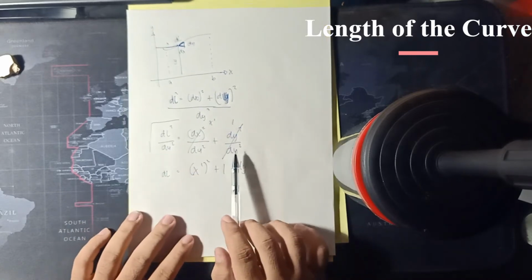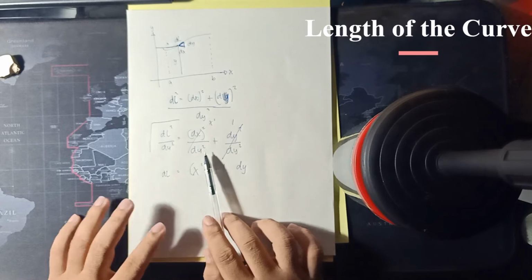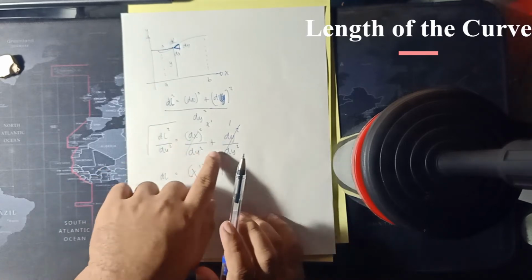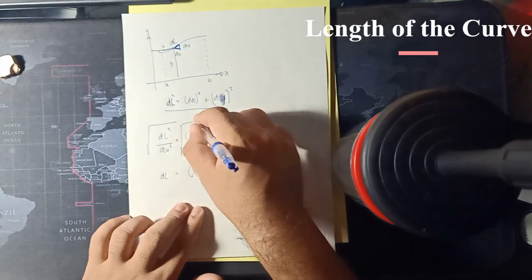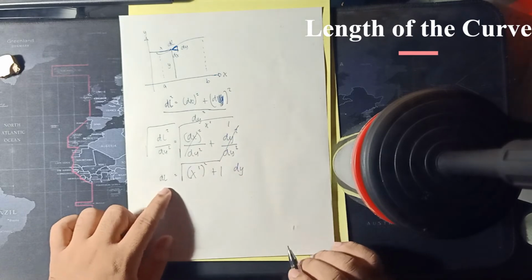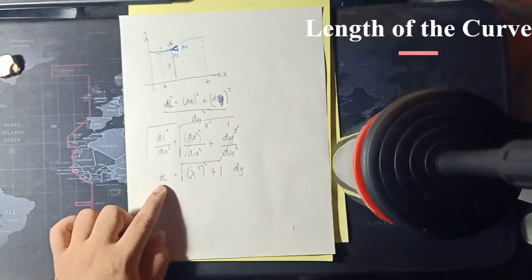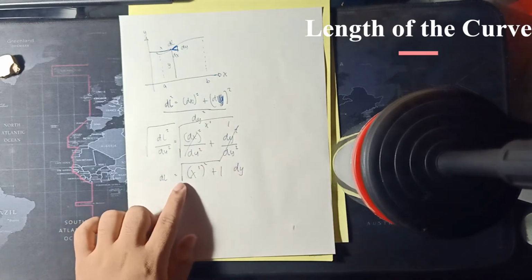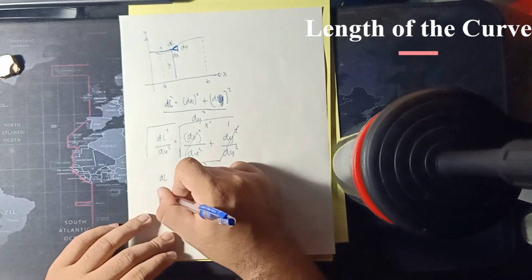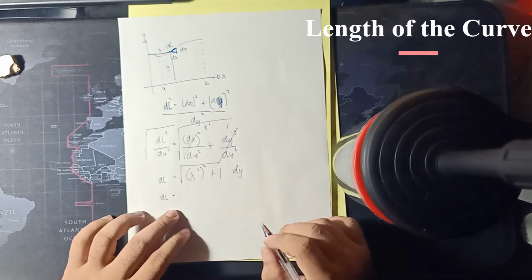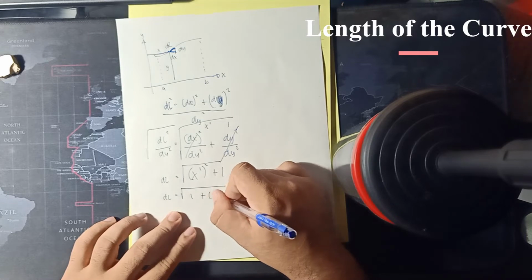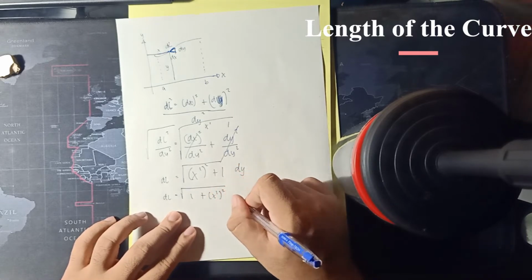Because it's squared here, when you take the square root of this side, you also need to do so on this side. So the formula is: your differential length dl equals the square root of x prime squared plus 1, or in the textbook, dl equals the square root of 1 plus x prime squared dy.